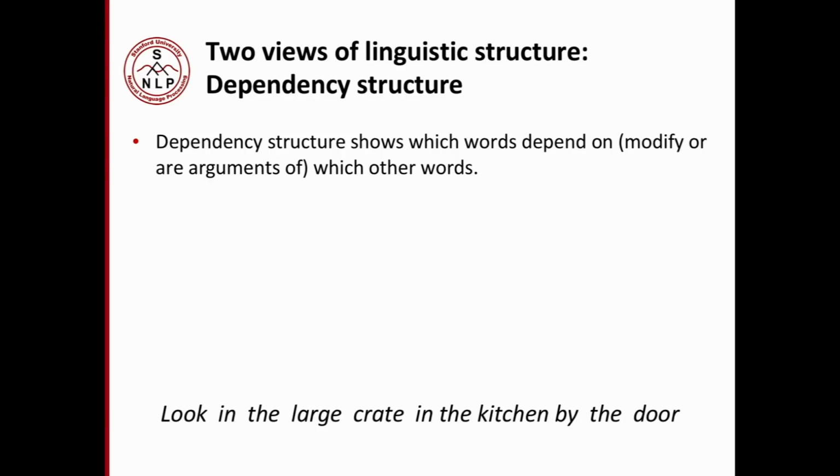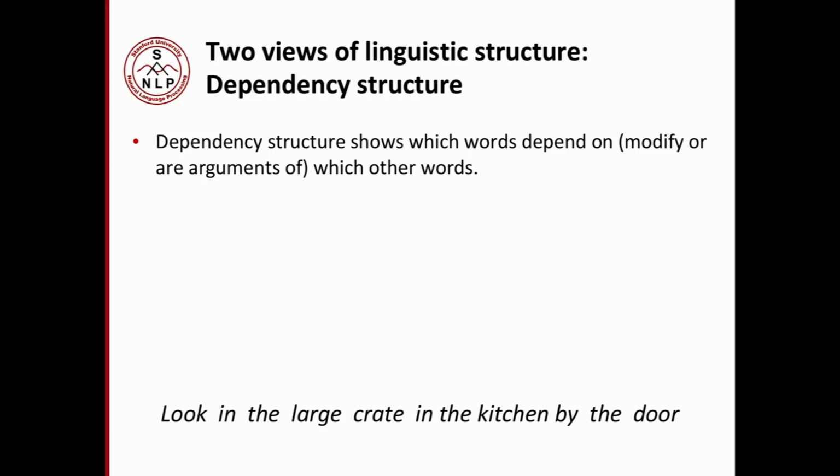The idea of dependency structure is, rather than having phrasal categories like noun phrases and prepositional phrases, we're going to directly represent the structure of sentences by saying how words are arguments or modifiers of other words in a recursive fashion, which is another way of saying how they're dependents of other words.